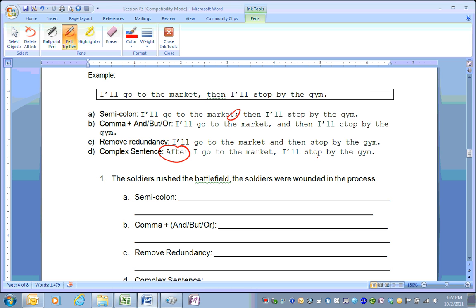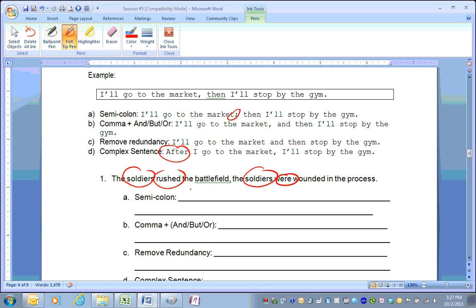Do you see how number one's a run-on? The soldiers rushed the battlefield. The soldiers were wounded in the process. That's clearly two independent clauses, because you have your subject and your verb, your subject and your verb.